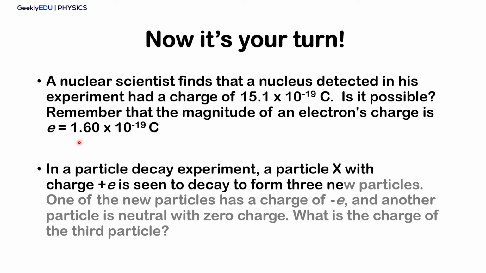Also, another problem: in a particle decay experiment, a particle X with charge positive e is seen to decay to form 3 new particles. One of the new particles has a charge of -e, and another particle is neutral with 0 charge. So can you tell what is the charge of the third particle? Your turn, think about it, and write in the comment section.